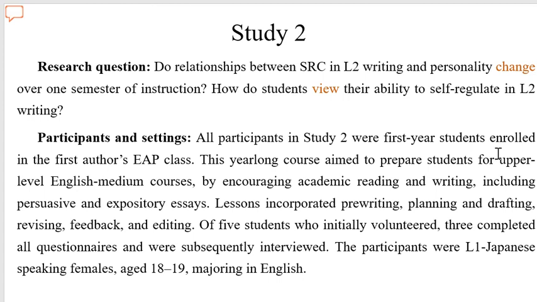Participants in Study 2 were first-year students enrolled in the first author's EAP class. This year-long course aimed to prepare students for upper-level English-medium courses by encouraging academic reading and writing, including persuasive and expository essays.